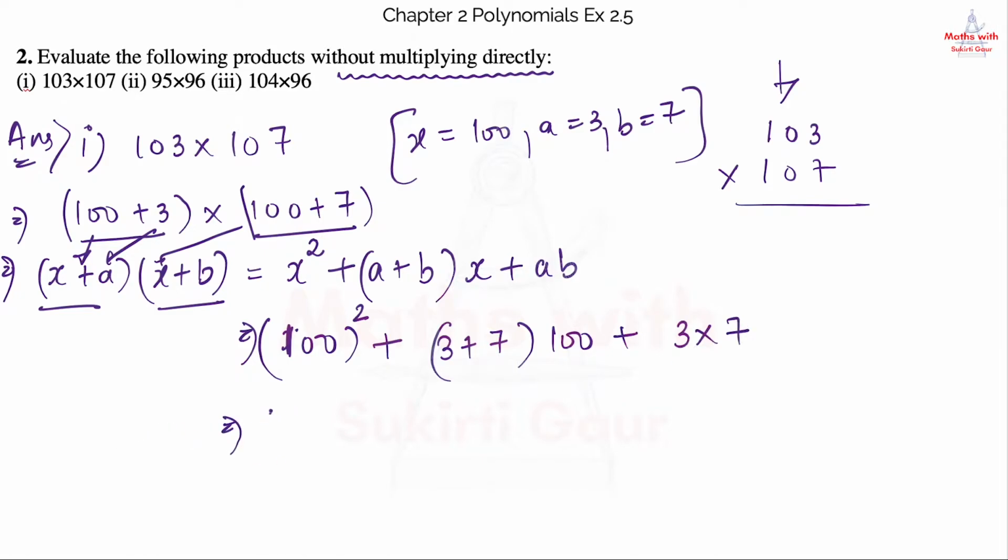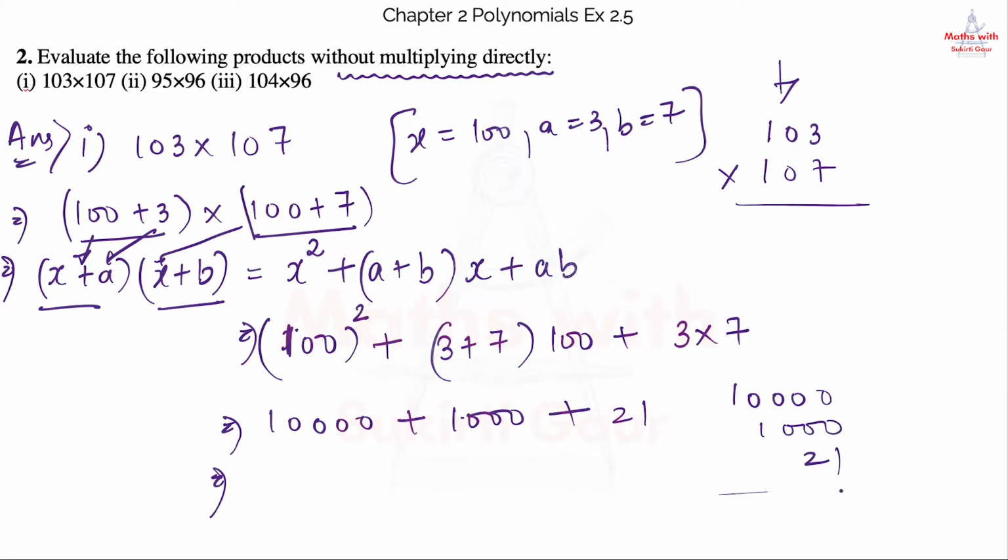Here you have 10,000 after multiplying 100 by 100. 3 plus 7 is 10, 10 into 100 is 1000, and 21. Add all these, we are going to get 10,000 plus 1000 plus 21, which is 11,021, the product of these two numbers.